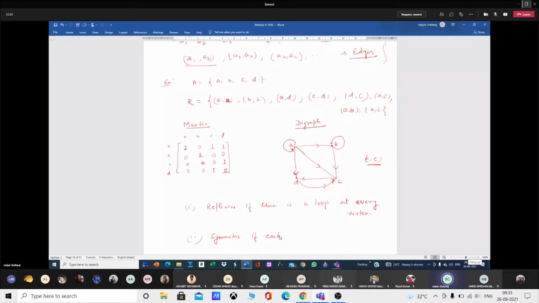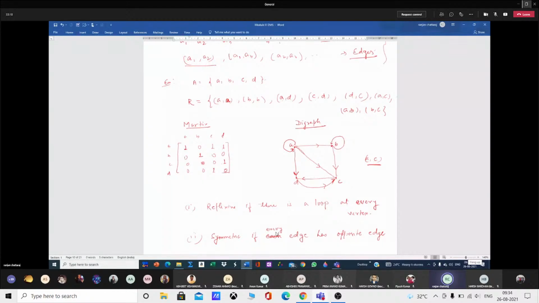Each edge, that means AC, this is the edge. If AC is the edge, then definitely we must have CA as an edge in this diagram also. Otherwise, it is not symmetric.